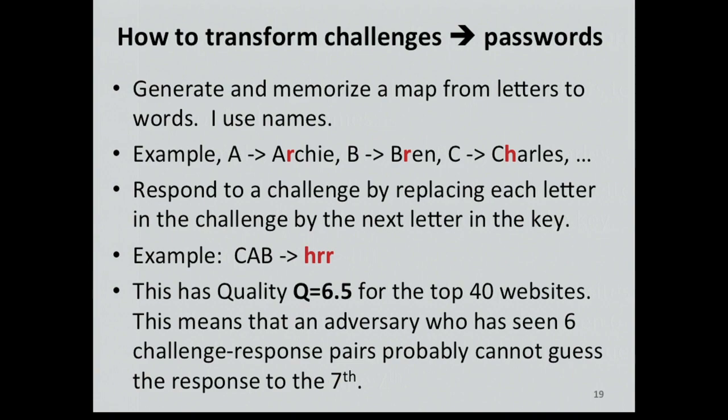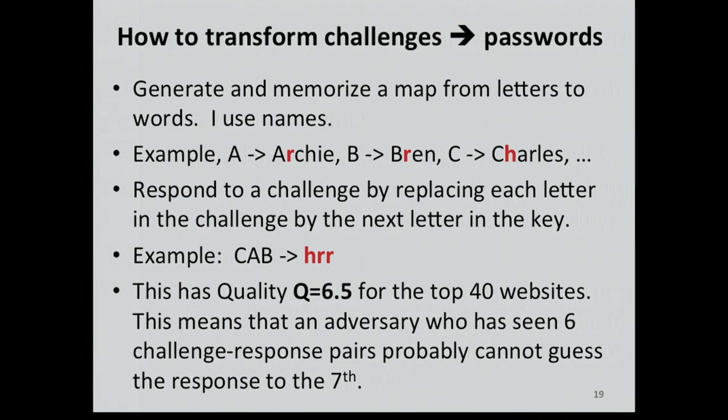So C is Charles. That's the H, which comes over here. Then the letter after A is R, and then the letter after B is R. That would be the response. This particular schema has quality 6.5.